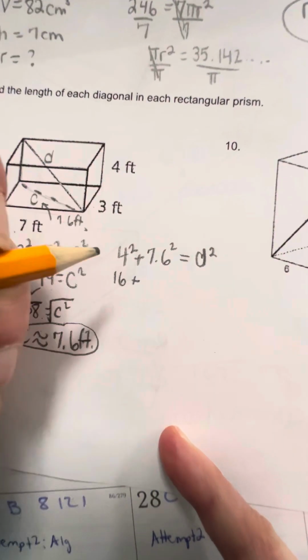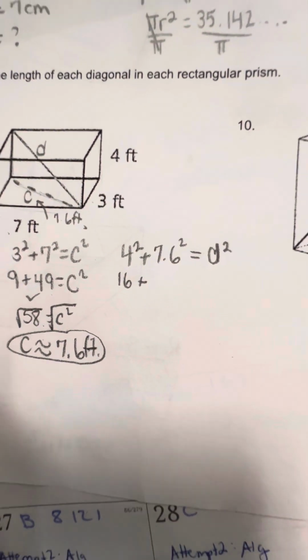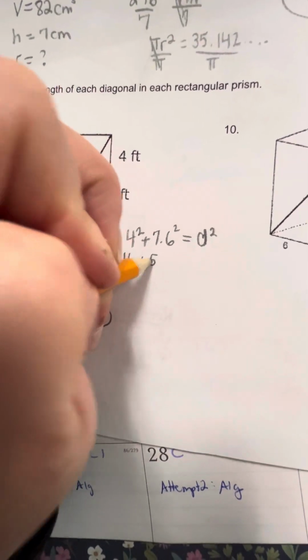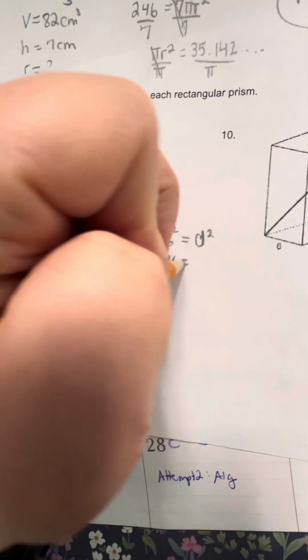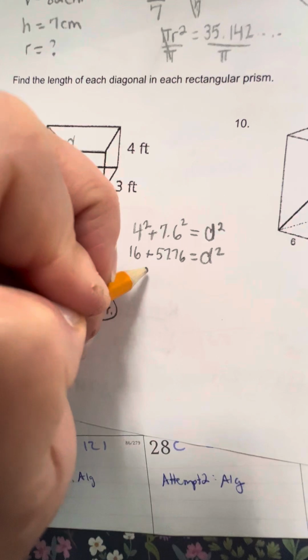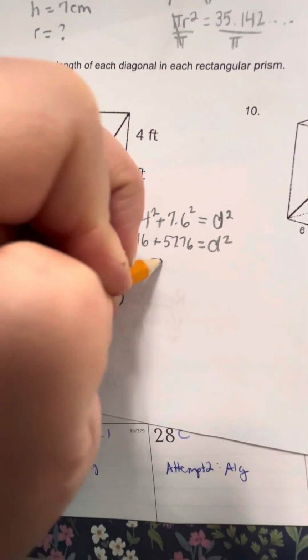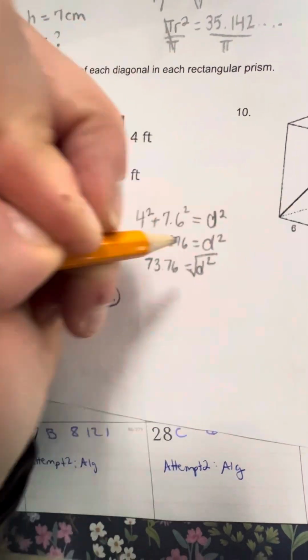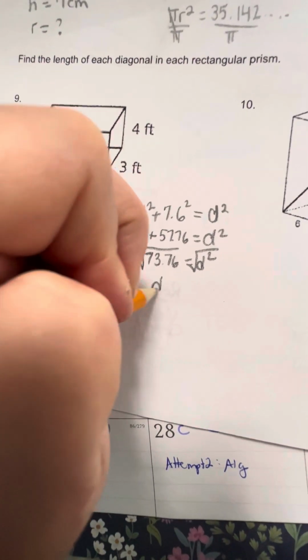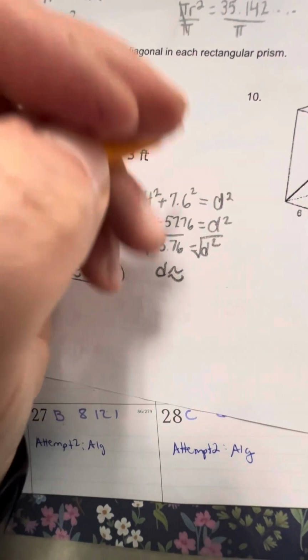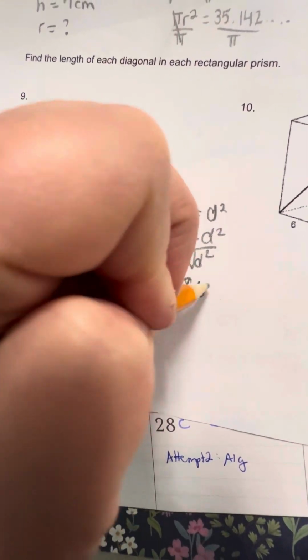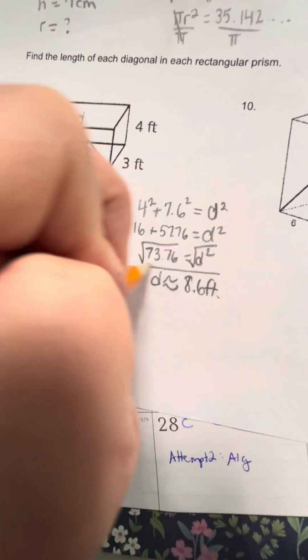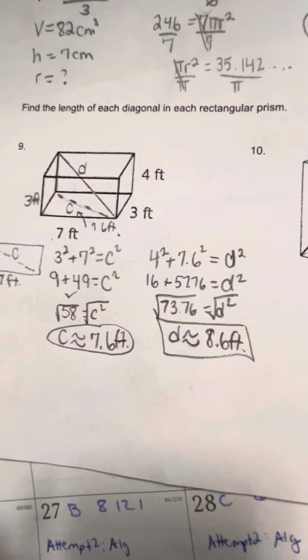And then when I add 7.6 squared, which is 57.76, we'll add those together to get D squared, and we get 73.76, which is equal to D squared. And then we want to undo that by square rooting both sides, and your D value is approximately 8.6 feet. So that is how we get the diagonal for the other ones.